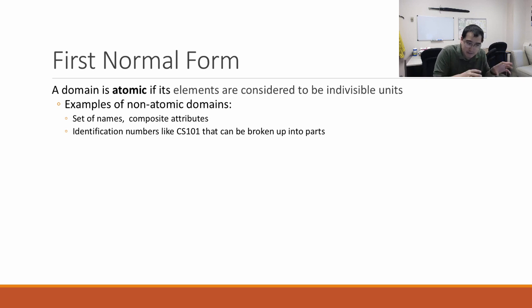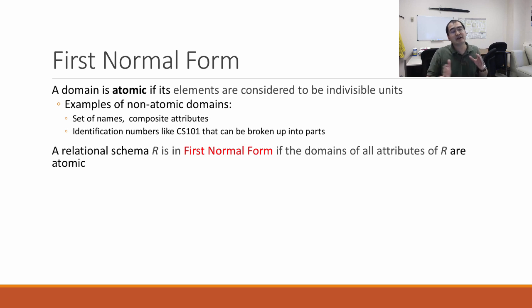There's the department part, and then there's the department course number part. Those are actually two things being squashed together, making this value not atomic anymore. And what we say is a relational schema, or really just like a database, we say a relational schema R is in the first normal form if the domains of all of the attributes of R are atomic, meaning all of the attributes only hold atomic data.